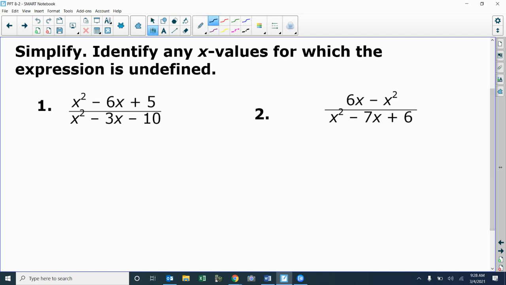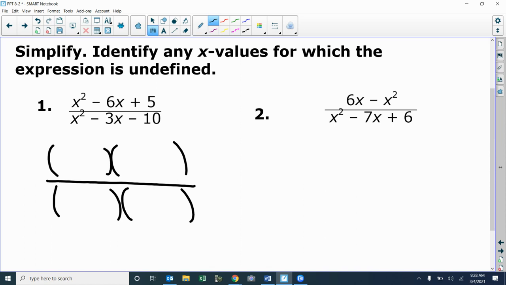So we do have some factoring to be done here on top and on the bottom. Try to make them not too bad. Some factoring that should come to us okay. Give you a second to get ahead of me.